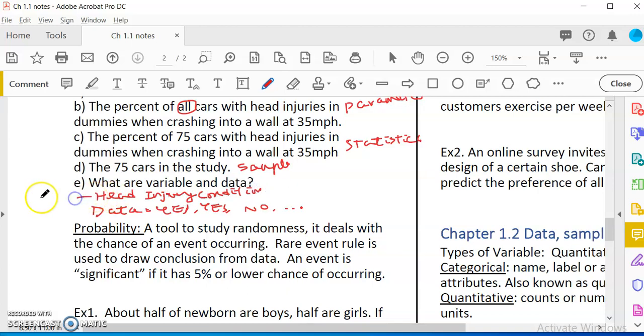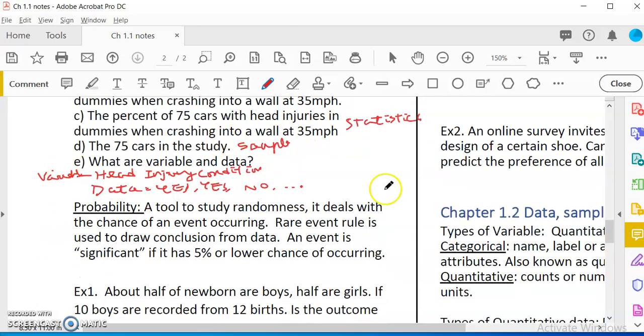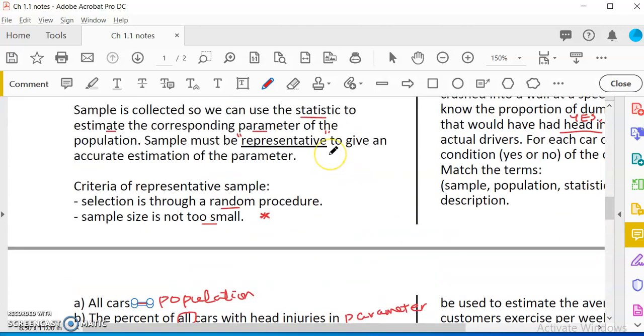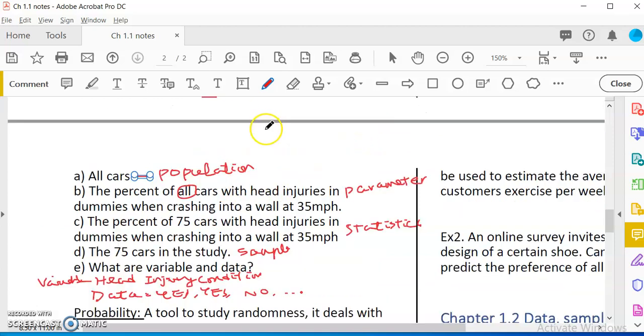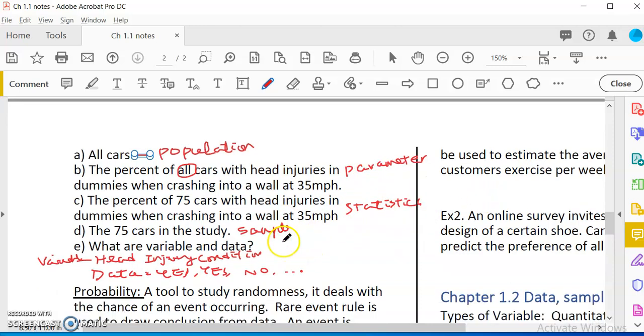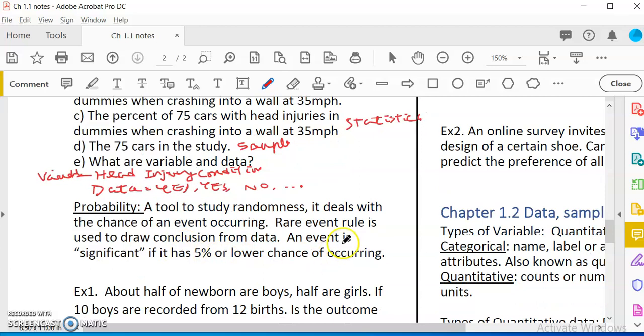We call it variable. The data itself is the values. Okay, so that is some examples that we use to practice knowing the 6 terms. Basically, population, parameter, statistics, sample, variable, and data.